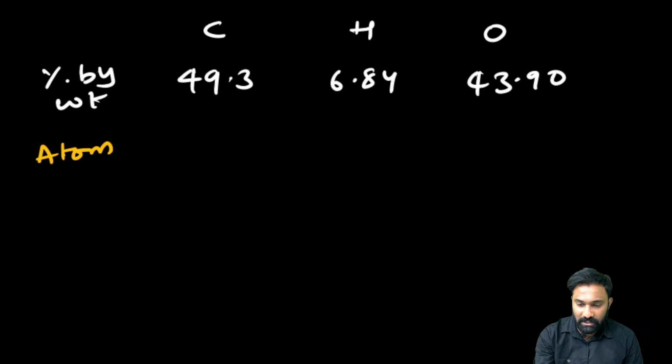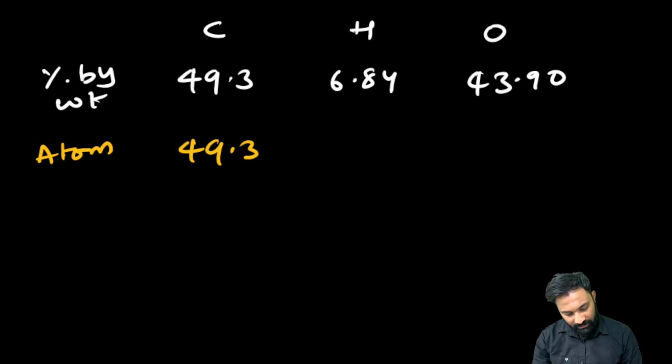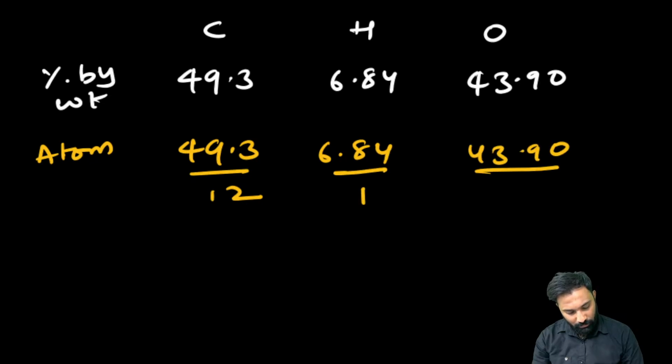After getting the simplest mole ratio, how to identify the formula? Can anyone do this question? If you divide by atomic weight, 49.3 by 12, 6.84 by 1, and 43.90 by 16. Can anyone say me the answer?